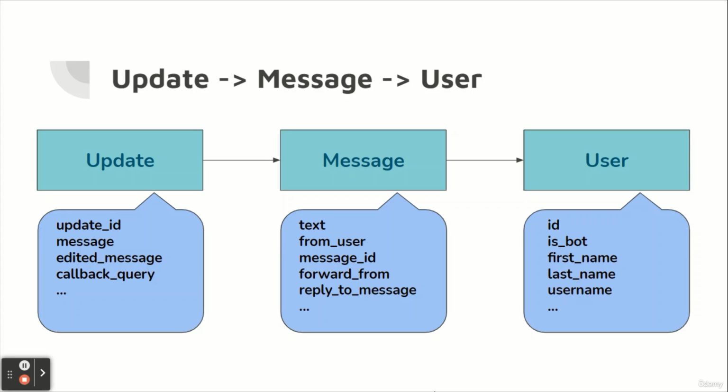As it was mentioned, from the update object we can easily retrieve message object, which represents the message from the user itself. So it contains message ID, unique message identifier inside this chat, text, the actual text of the message, forward from for forwarded messages, it's a sender of the original message, reply to message, function which is used for replies to the original message, and from user represents the sender and returns the user object, which contains a lot of useful information.